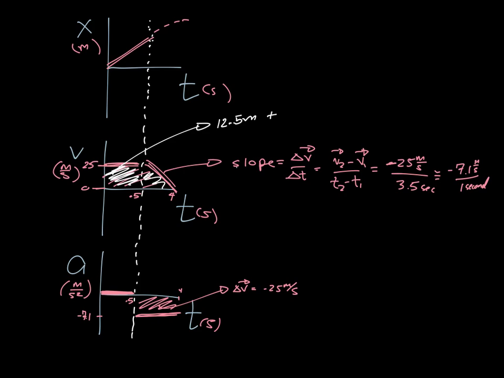Well, the triangle is going to be 1/2, and the base of that triangle is 3.5 seconds, right? And then the height of that triangle is 25 meters per second. All right, so the seconds will cancel, and half of 25 is going to be 12.5 times 3.5.